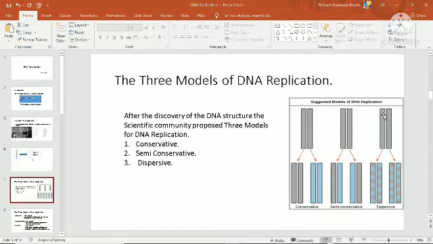And in the dispersive model, it was more like when the new DNA molecules form, there is a mixture of the old parent strand and the newly synthesized strand.